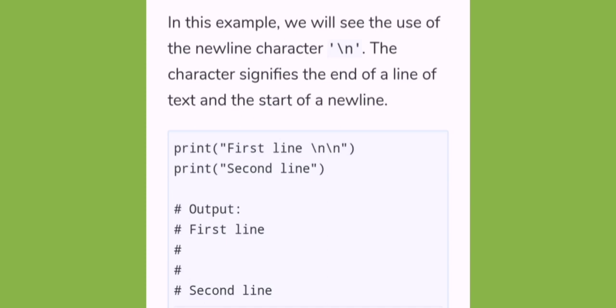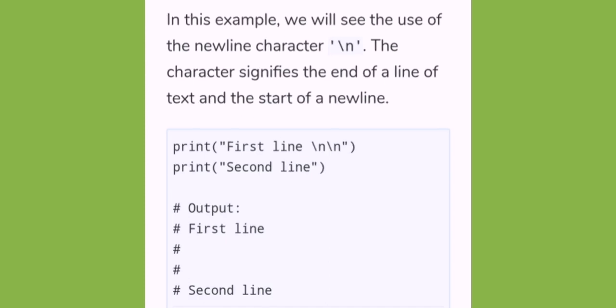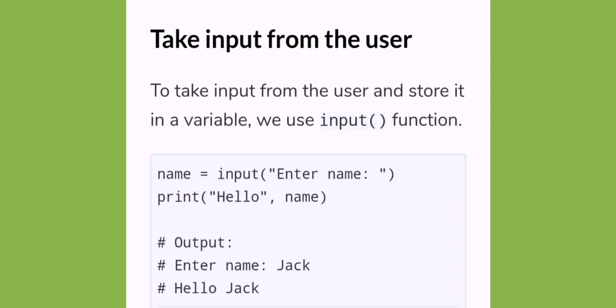Notice the use of the \n characters in the first print function. Okay, next thing: how we can take input from the user. If you want to take any input from the user and store it in a variable, you use the input function. Here we will see how we can take variable values. First of all, there is a variable name, and I am storing the value in the variable name.